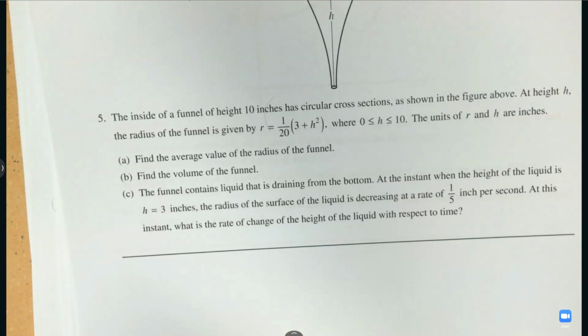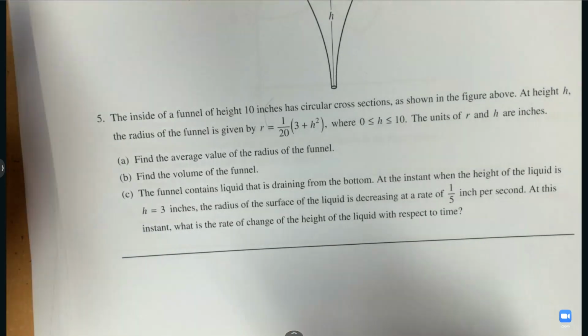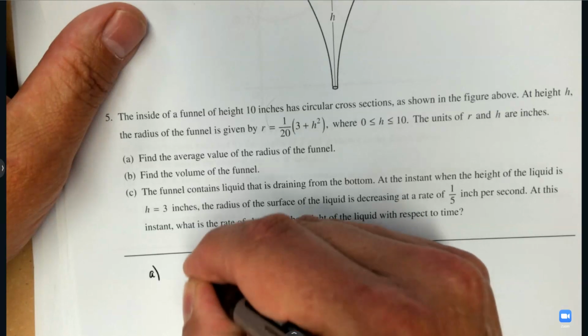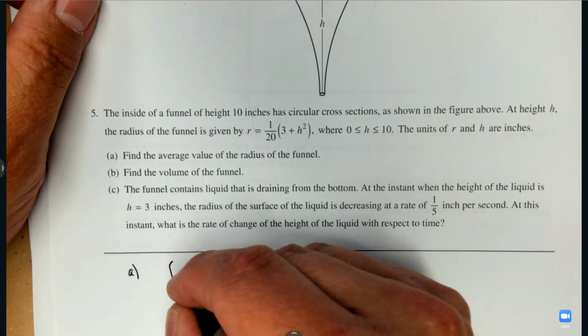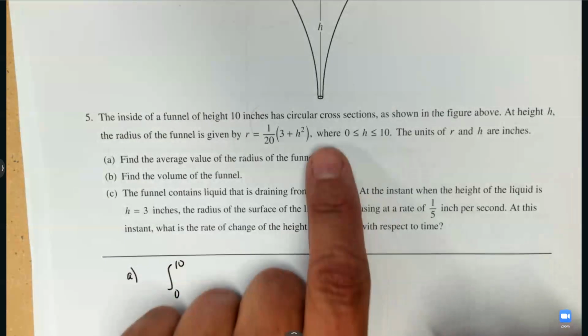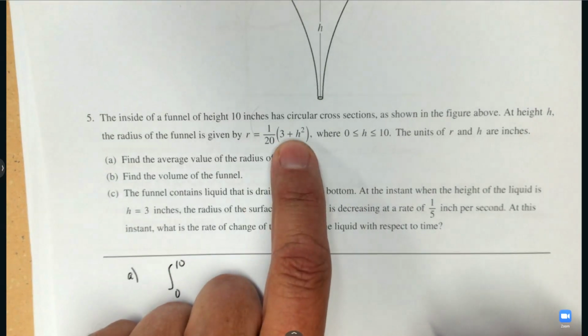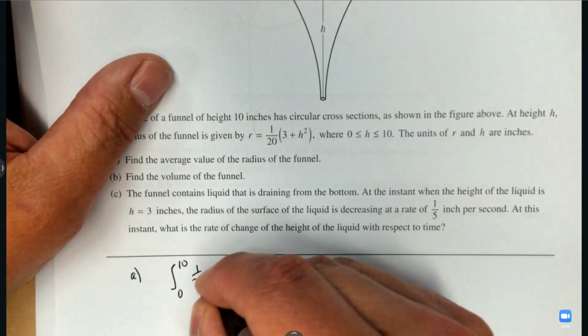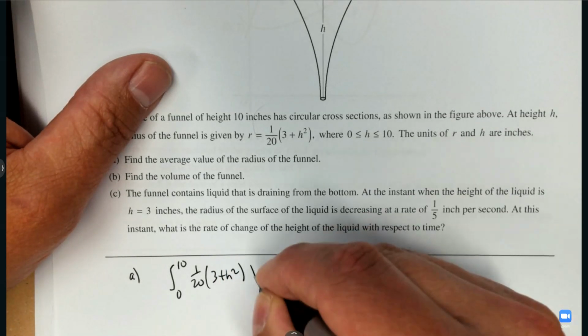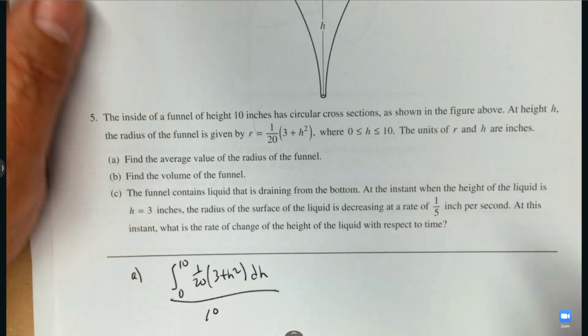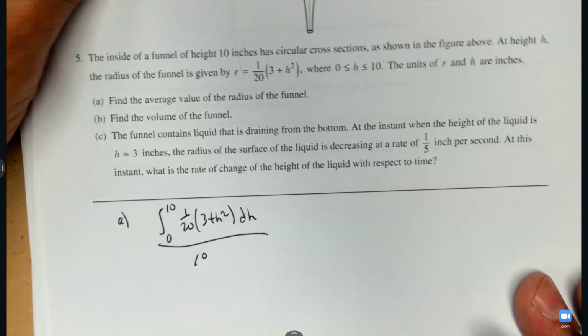So we know average value is integrating and then dividing. So we're going to integrate from 0 to 10 what the radius is, which is that. And then we divide by the difference of the bounds.